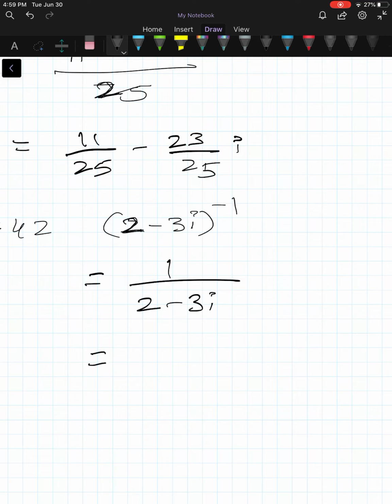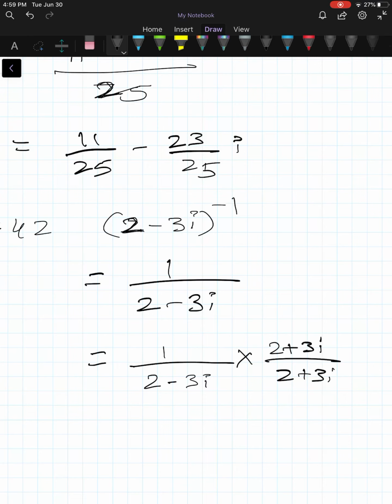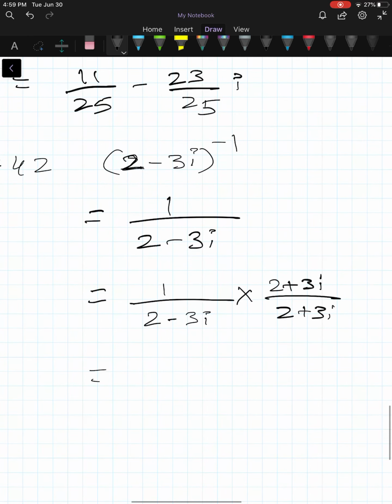Now to simplify this, we have to multiply the numerator and the denominator with the complex conjugate of the denominator. So we will be getting 1 divided by 2 minus 3i times 2 plus 3i divided by 2 plus 3i.